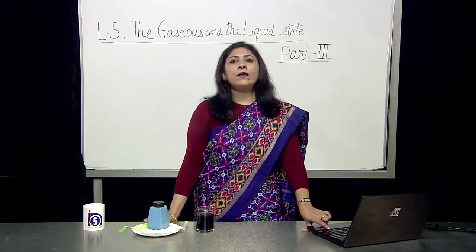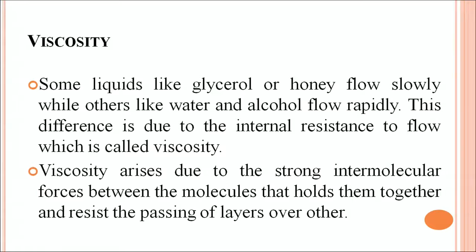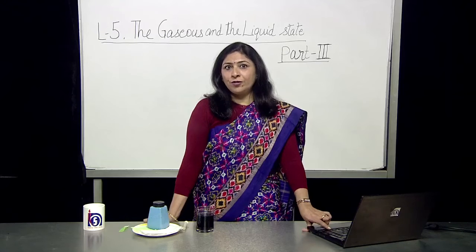Some liquids like glycerol or honey flow slowly, while others like water and alcohol flow rapidly. This difference is due to the internal resistance to flow, which is called viscosity. Viscosity arises due to the strong intermolecular forces between the molecules that hold them together and resist the passing of layers over each other.